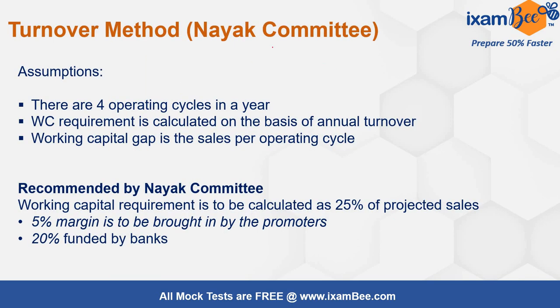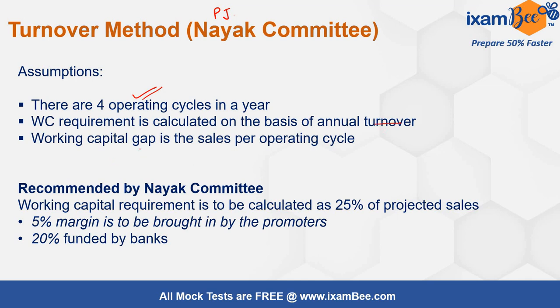The turnover method was given by the Nayak committee, the PJ Nayak committee, which assumed that a company usually goes through 4 operating cycles on average in a year. So almost a quarterly cycle, and therefore the working capital can be based on the annual turnover.